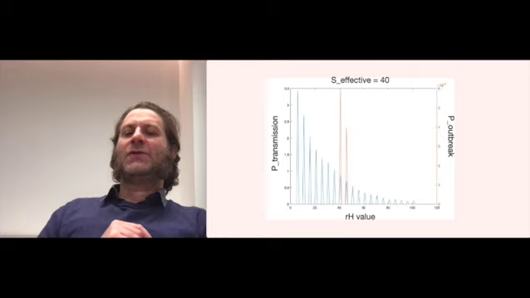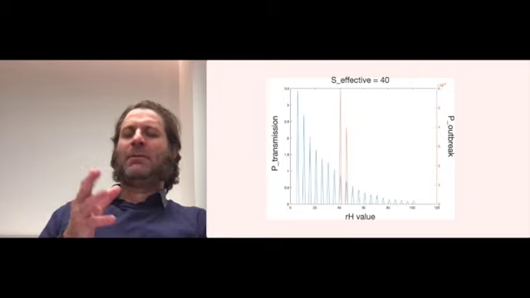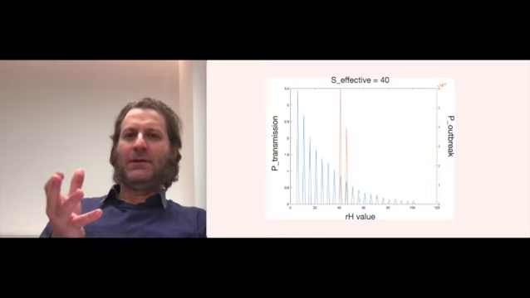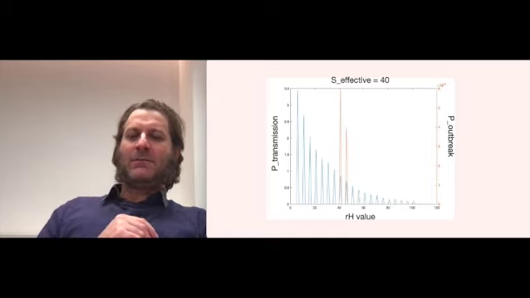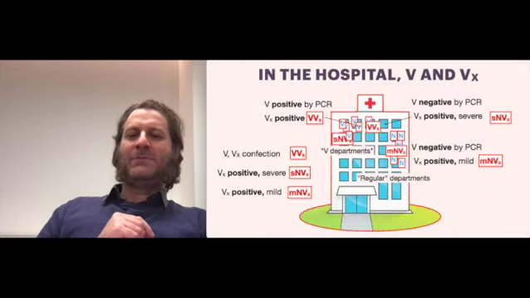And as you reduce the density, the number of patients crowded in a particular place together with this special VX, then you reduce the chances of an outbreak to essentially 0.